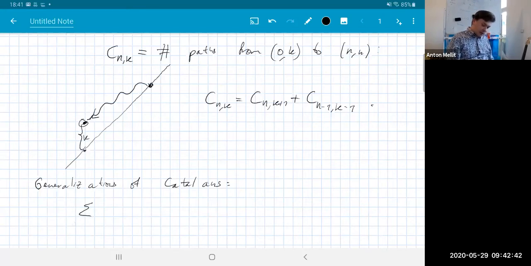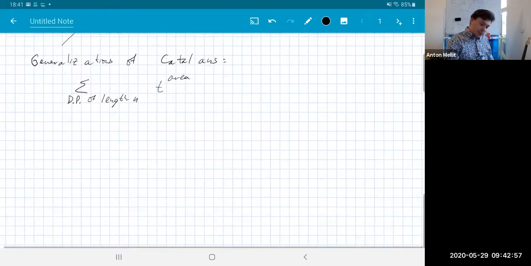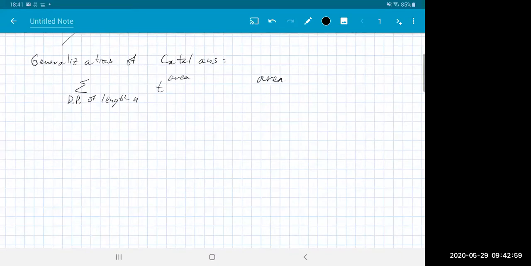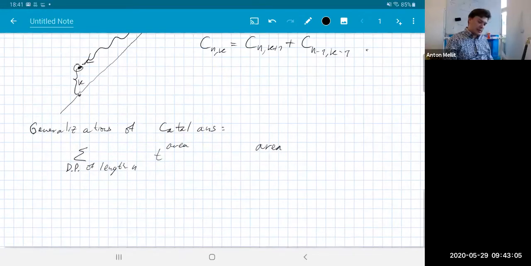You count Dyck paths of length n, but put t to the area. Sorry, Anton, if k is equal to 0, then you cannot come from the right. Yeah, that's a special case. Yes, you get C_{n,0} equals C_{n,1}.